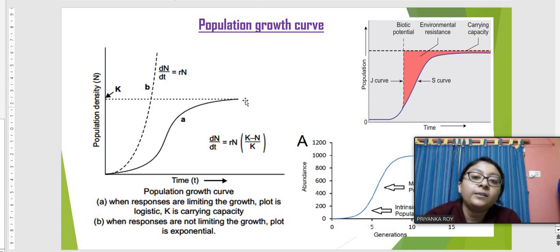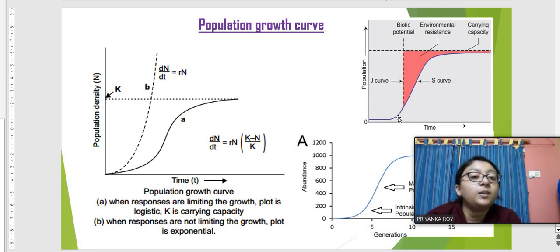And when there is an environmental resistance playing into action, then it will only increase up to the carrying capacity of the environment. Above that, the environment cannot hold any more individuals from that population. So this rate can be determined by dN/dt = rN (K - N)/K, where K is the carrying capacity of the environment.